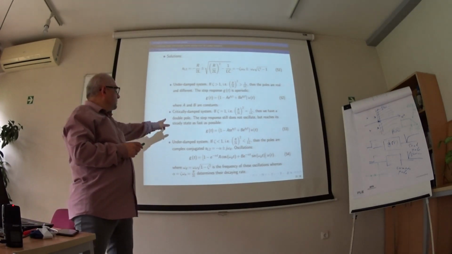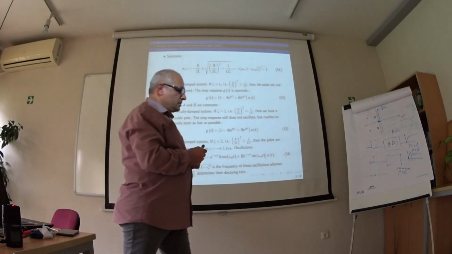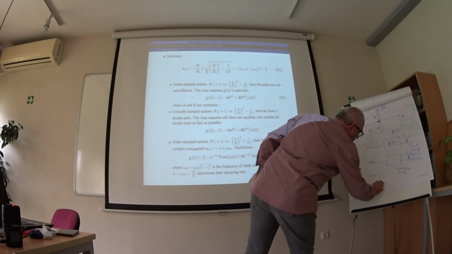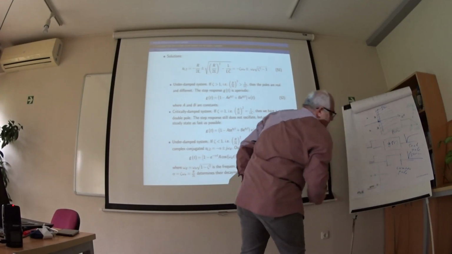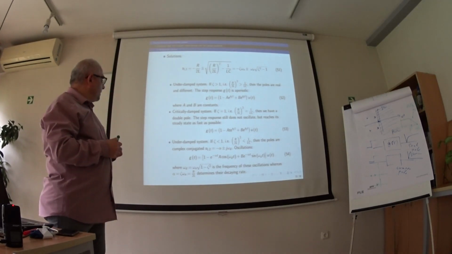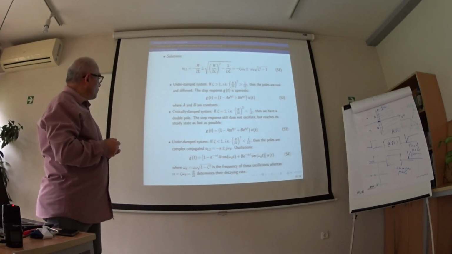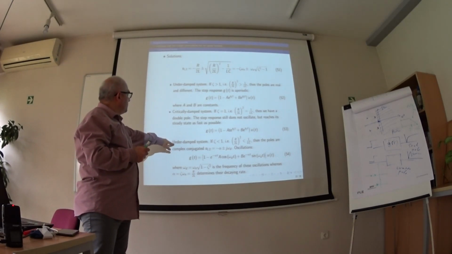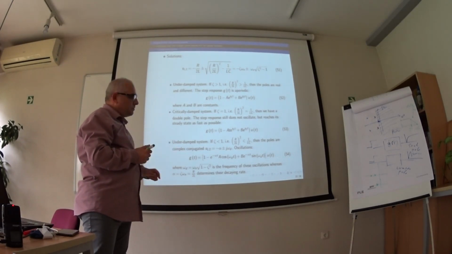Critically damped system is when we have two poles, but they overlap. And the third situation is underdamped system. Excuse me, here is a mistake in what I said earlier.